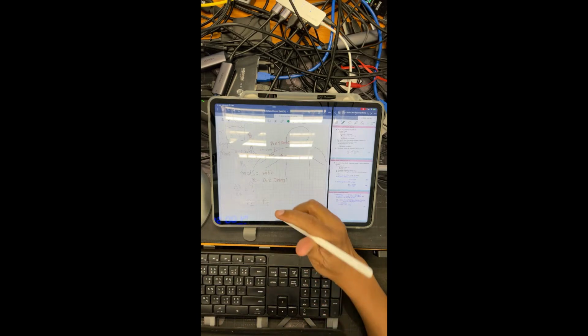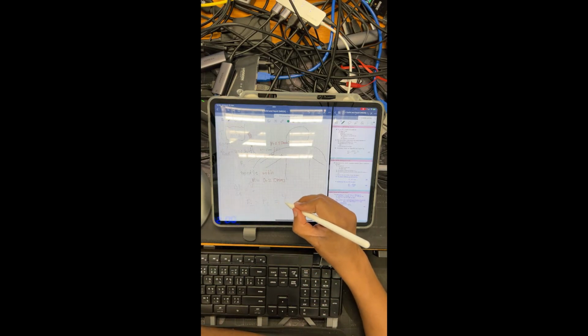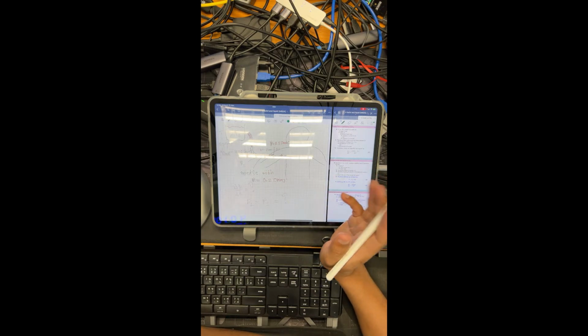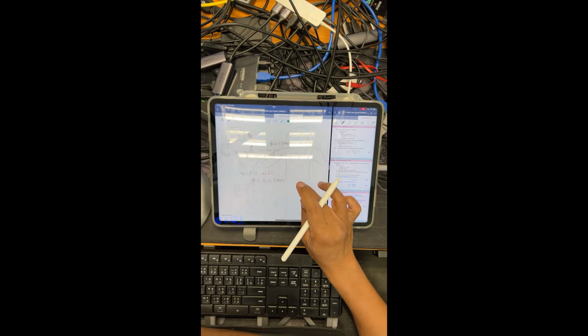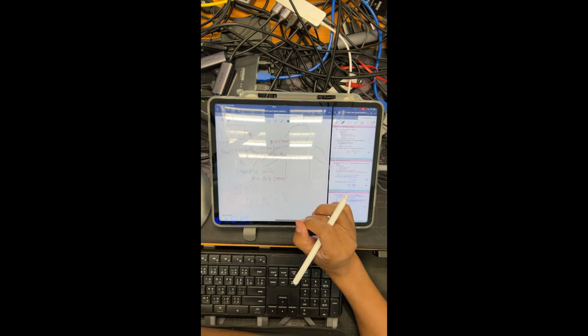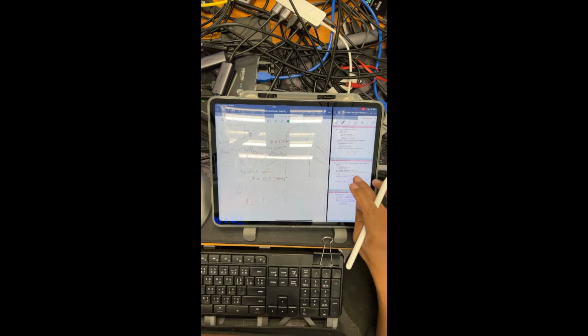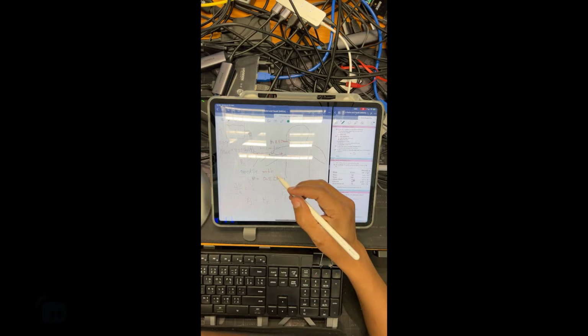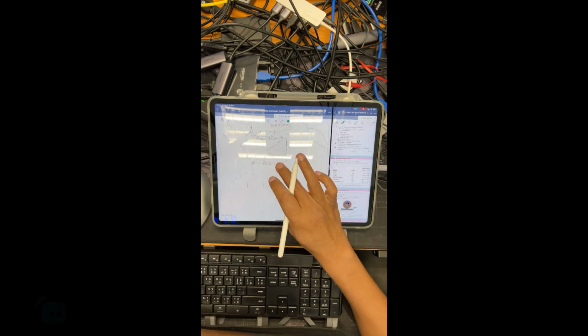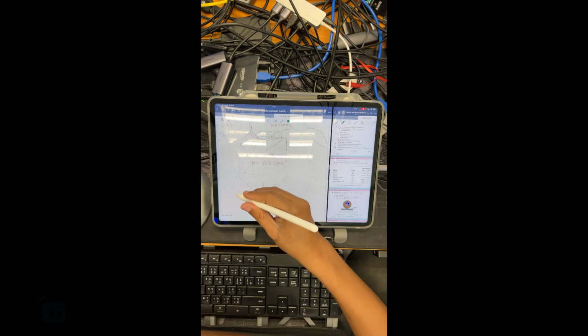So what do you think P1 and P2 are? We know the viscosity of the blood from this table, whole blood at the typical body temperature of 37 degrees Celsius.